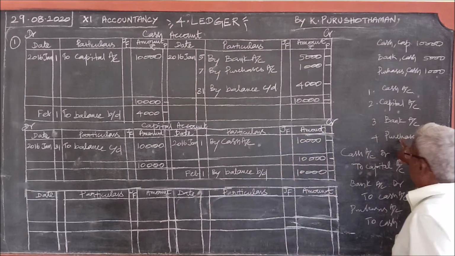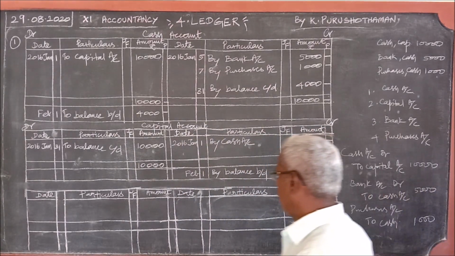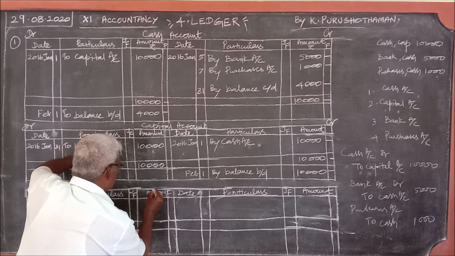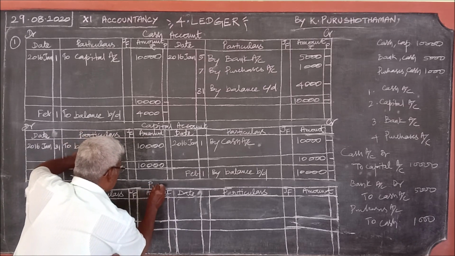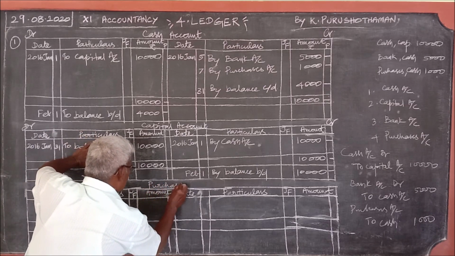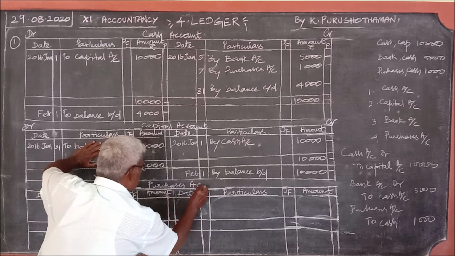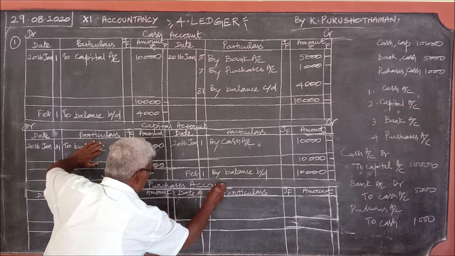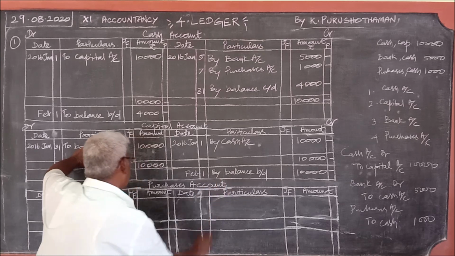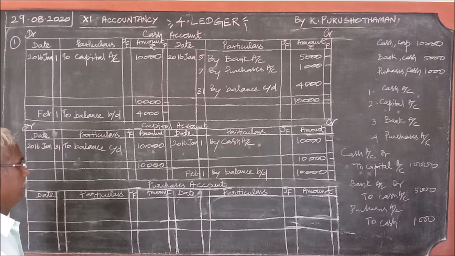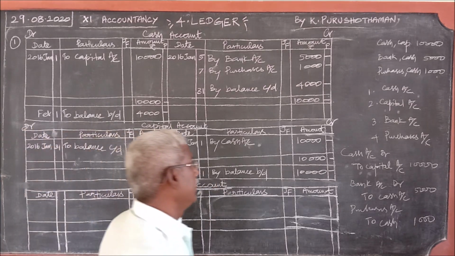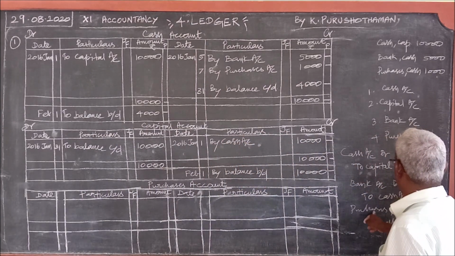The fourth ledger is the purchases account. So, what is the purchases account? Here, purchases account. Don't write purchase account, write purchases account. I have given the heading. Now you can find the purchases account on the debit.